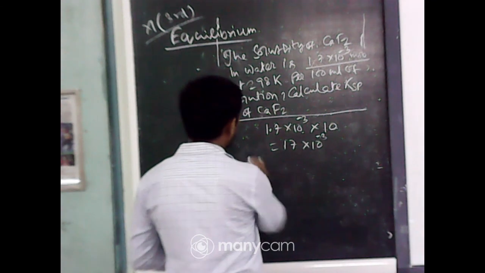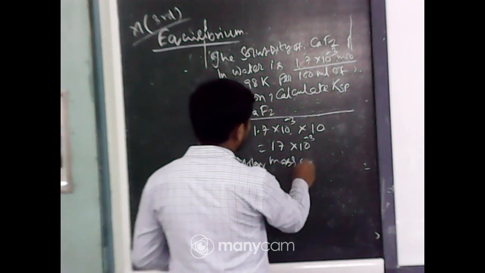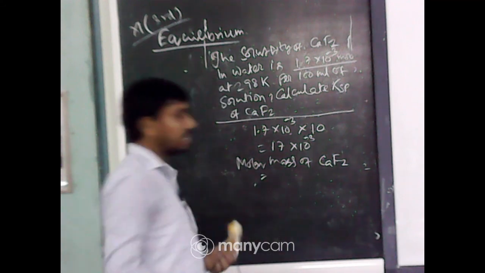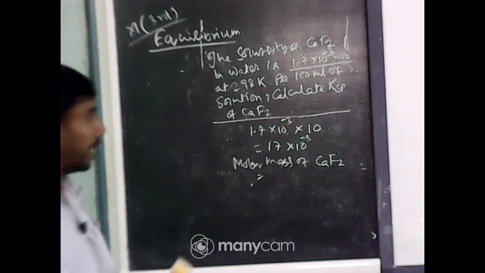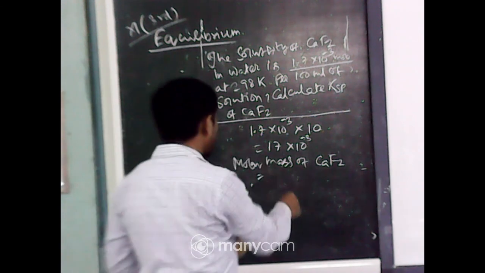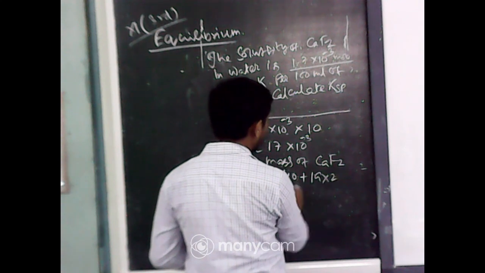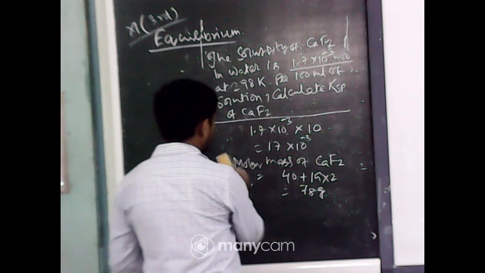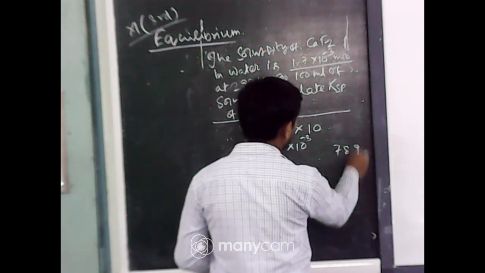We have to calculate the molar mass of CaF2. Calcium has molar mass 40 and fluorine has 19. So 40 plus 19 into 2, that is 38, that is 78 gram. That is the molar mass of calcium fluoride.